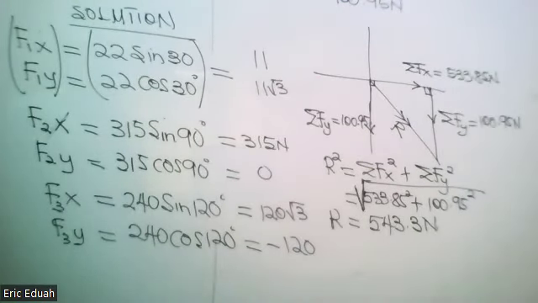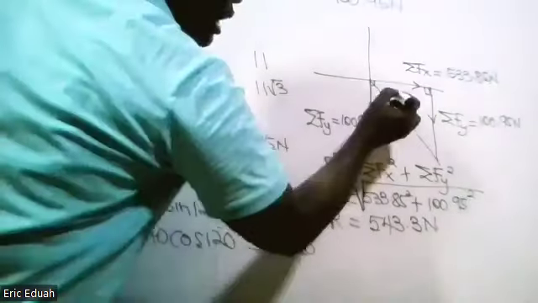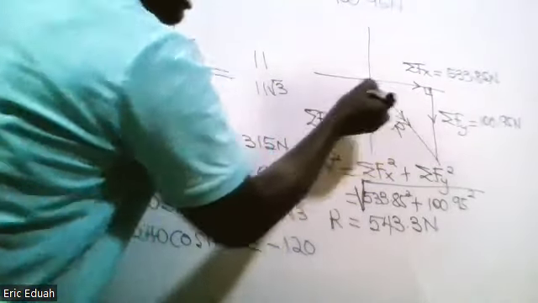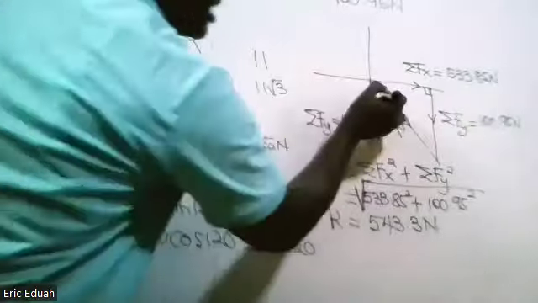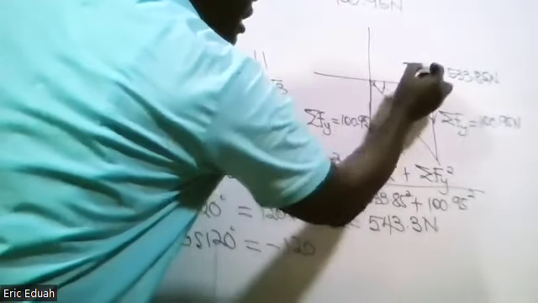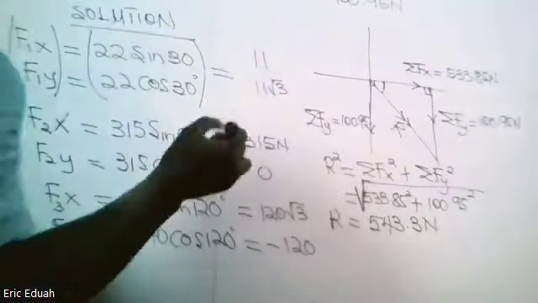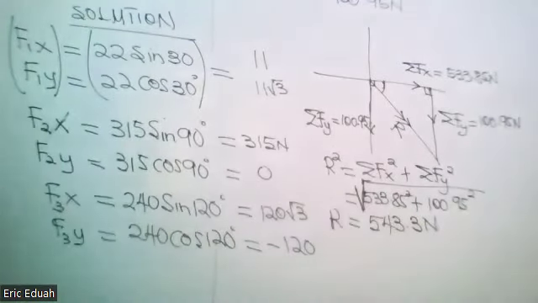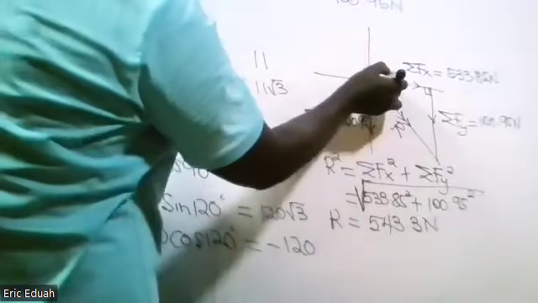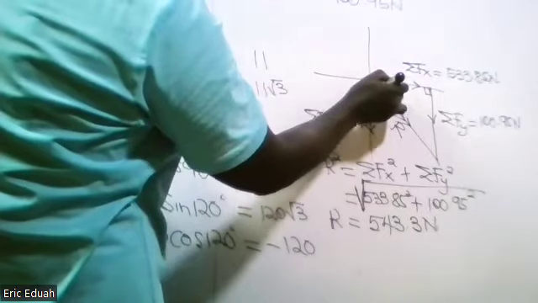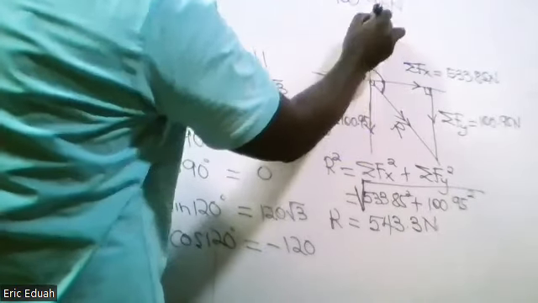Now the direction of the resultant. We are talking about the angle it makes with the x-axis or the summation of x. Find that. And then when you finish, you add this value of the angle to 90.